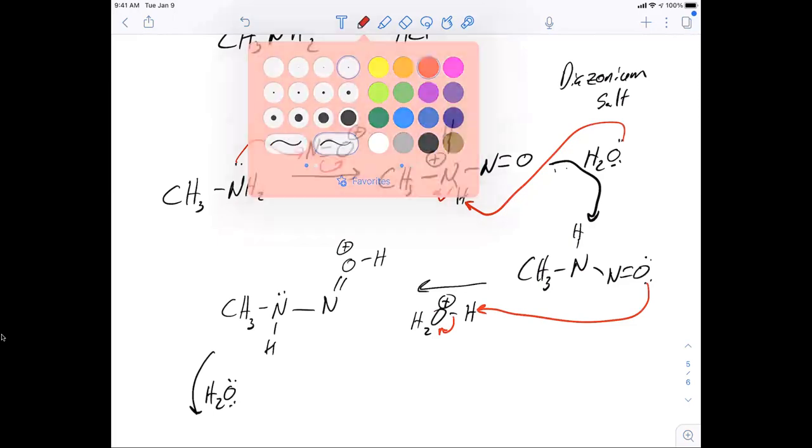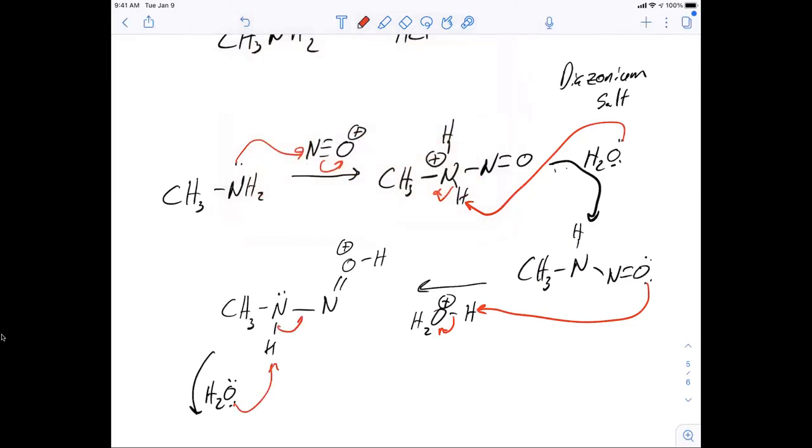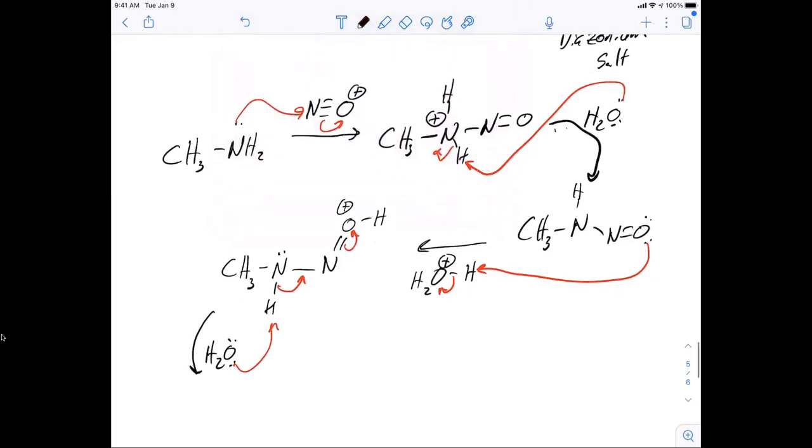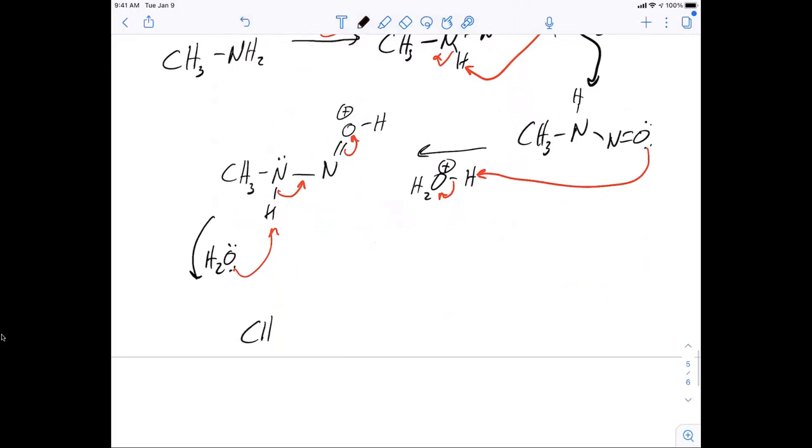We pull a proton. We get another proton transfer.